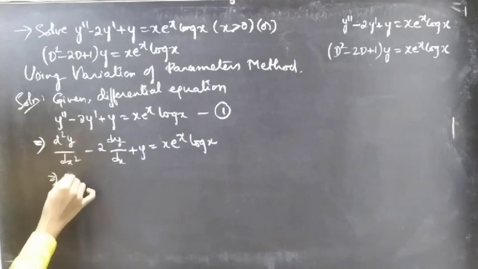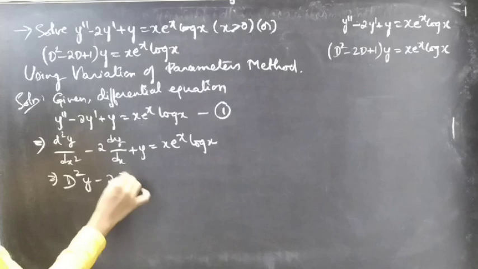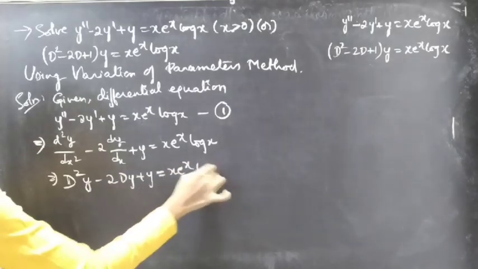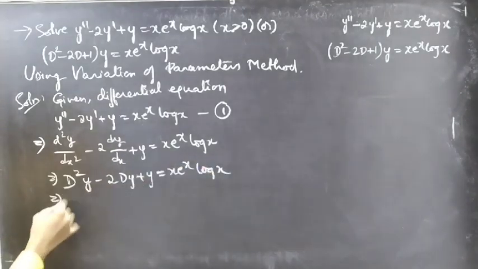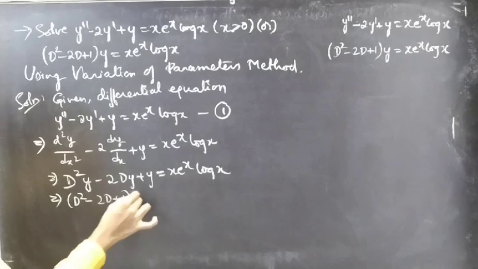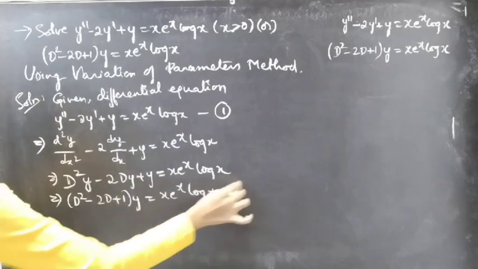Now write d square y by dx square as capital D square y, minus 2 into, write dy by dx as capital Dy, plus y equal to x e power x log x. Now take y common from all the three terms of LHS, we will get D square minus 2D plus 1 into y equal to x e power x log x.